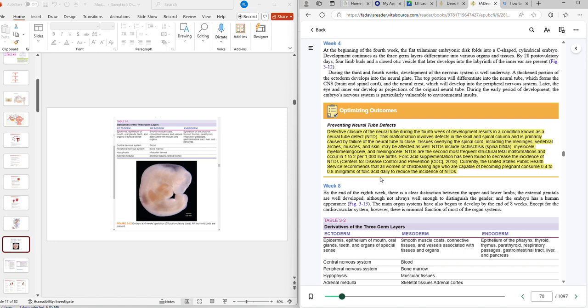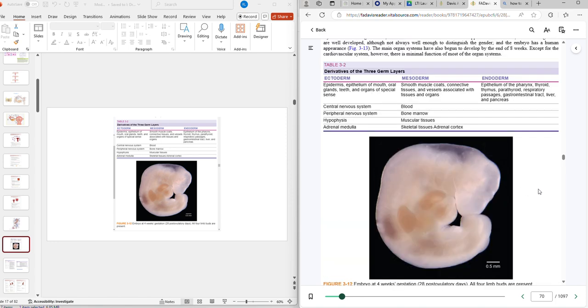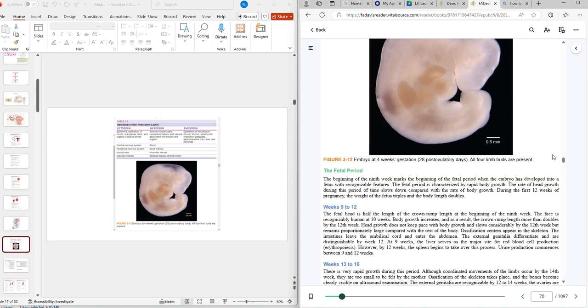Then it goes on to talk about the fetal periods, the different weeks. You can read through that. Same picture over here. This is a 4-week gestation, about 28 days. You can already see the buds present. It's amazing how fast a fetus develops. And they have the different ectoderm, mesoderm, and endoderm layers.